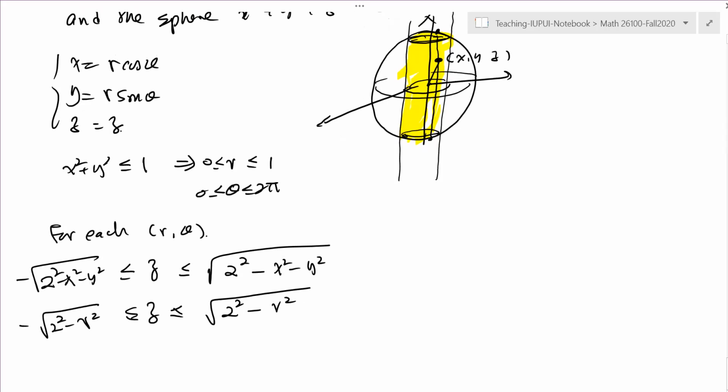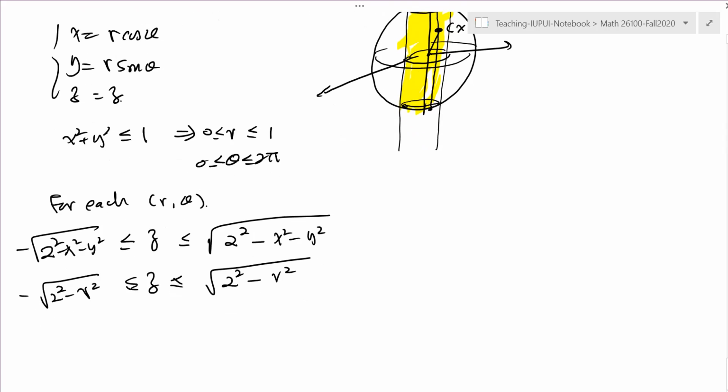So what we're doing here, let me draw the original. I'm trying to draw the region in this r theta coordinate system. There is no restriction on r, so r is from 0 to 1, and theta is from 0 to 2 pi.